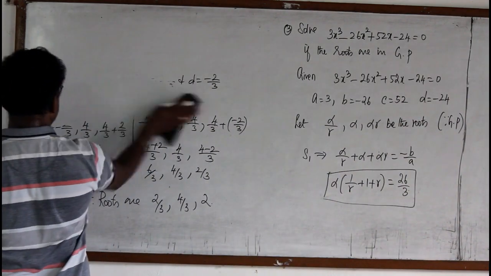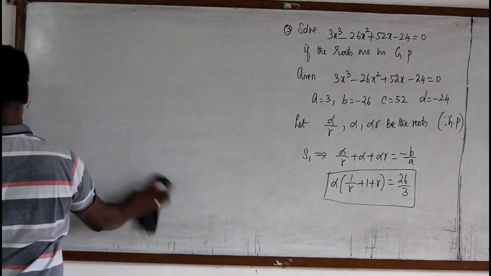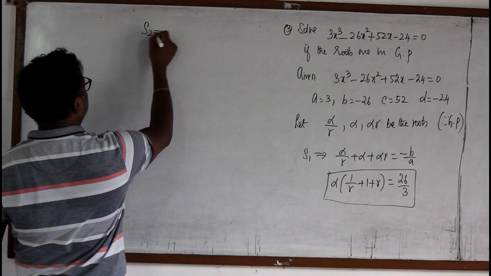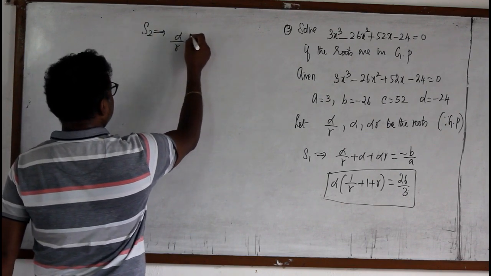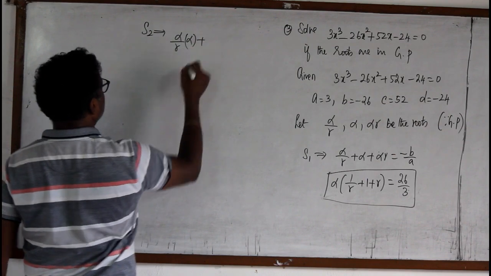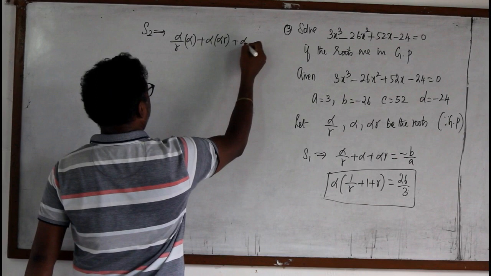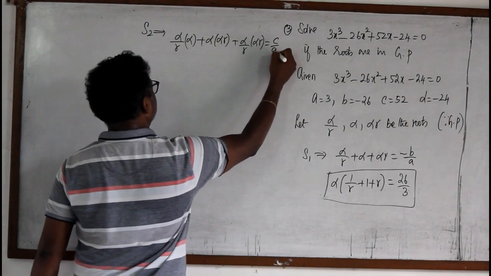Now, S2 will be alpha by r into alpha, alpha into alpha r, alpha r into alpha by r, equal to c by a.